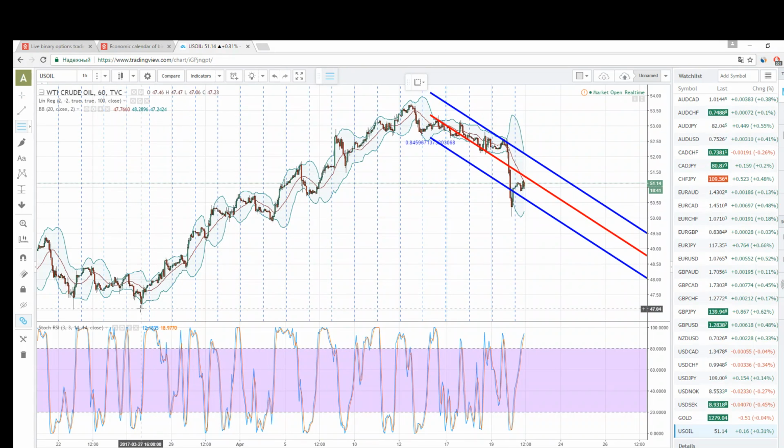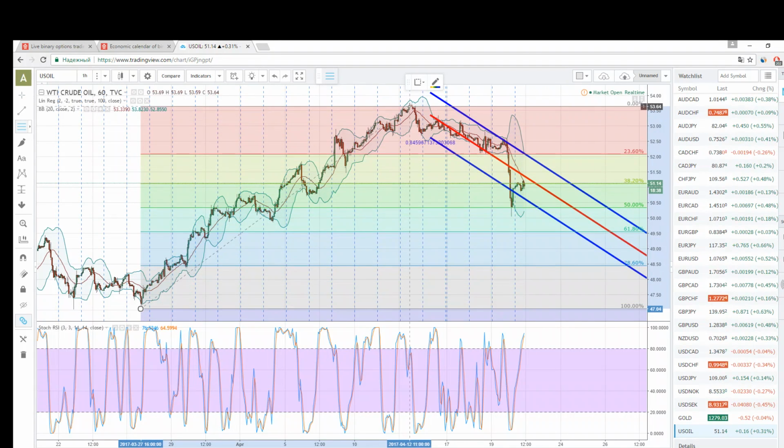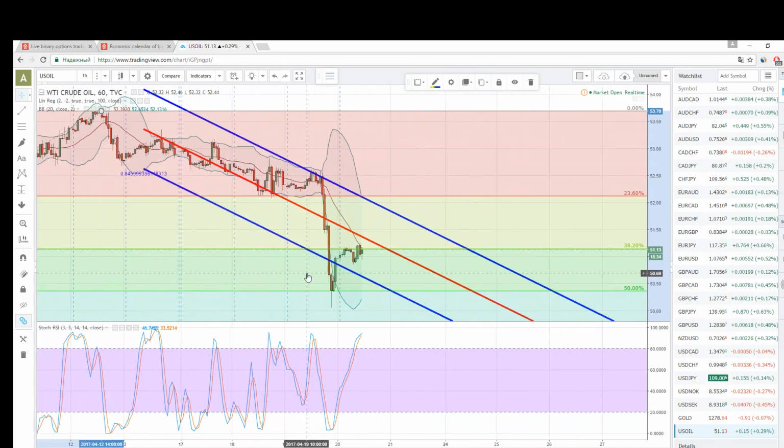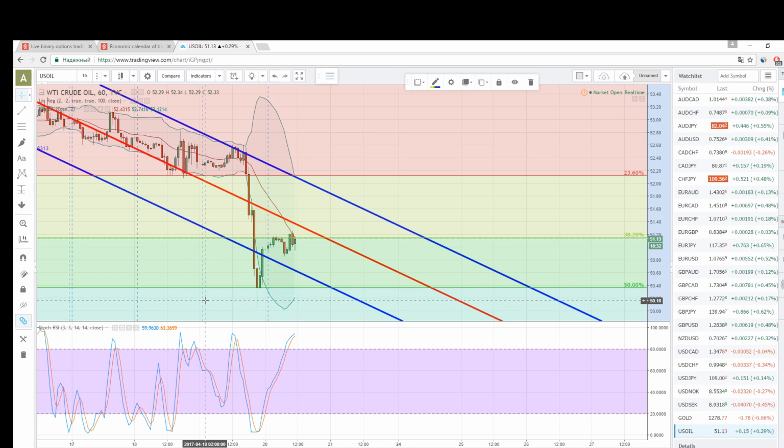Okay, here we have US oil. I will take the bigger time frame. Here I believe that the option is possible to enter like for low around 1 or 2 hours.